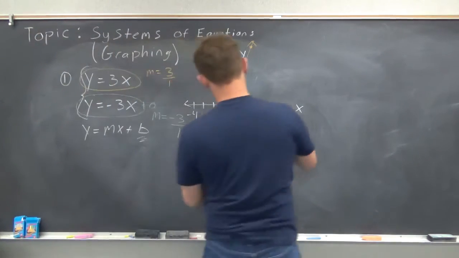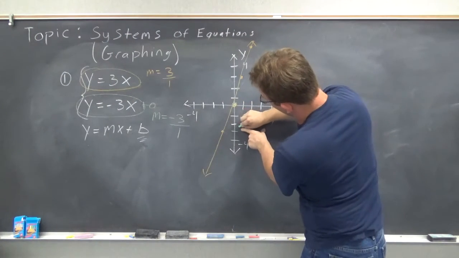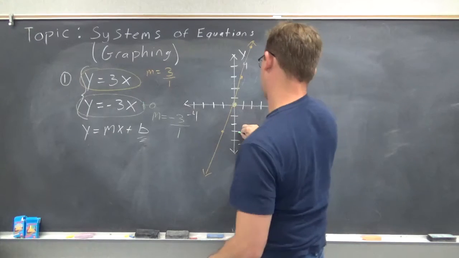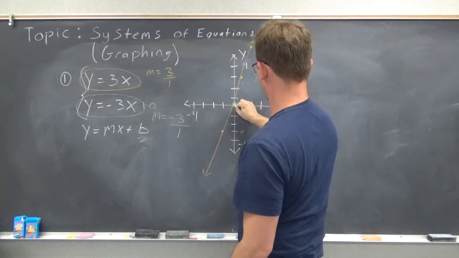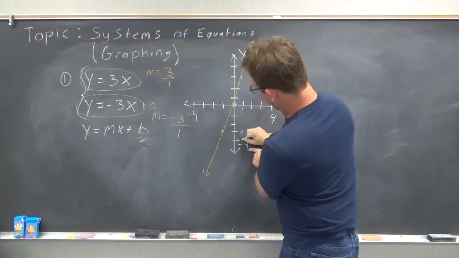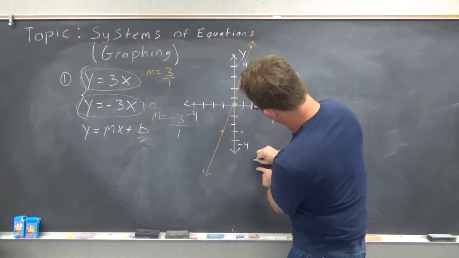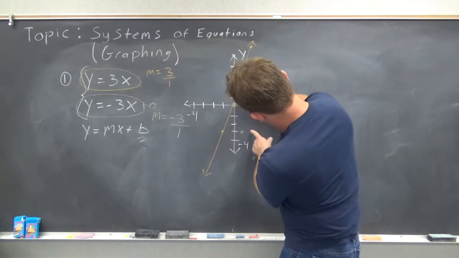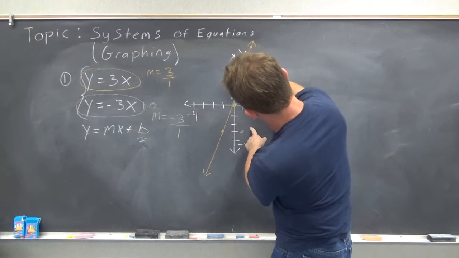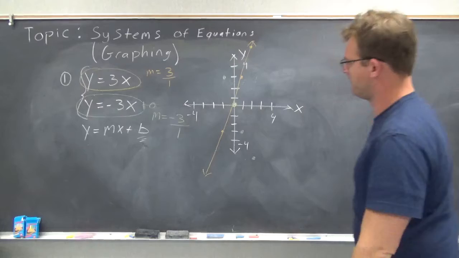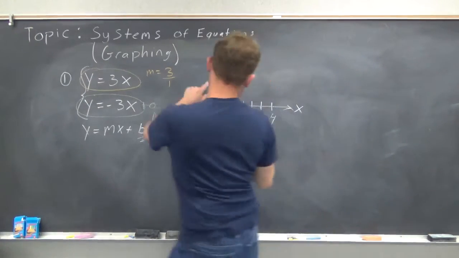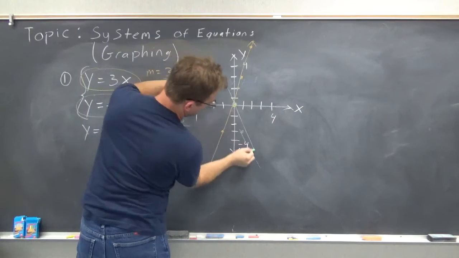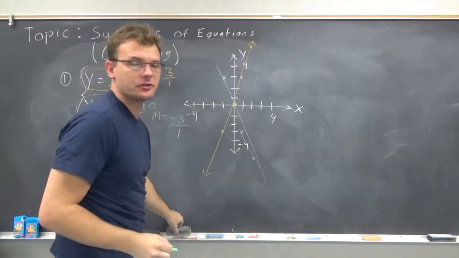So you're going to go 1, 2, 3, and negative 1. 1, 2, 3 over 1. That's why I highly recommend graph paper.